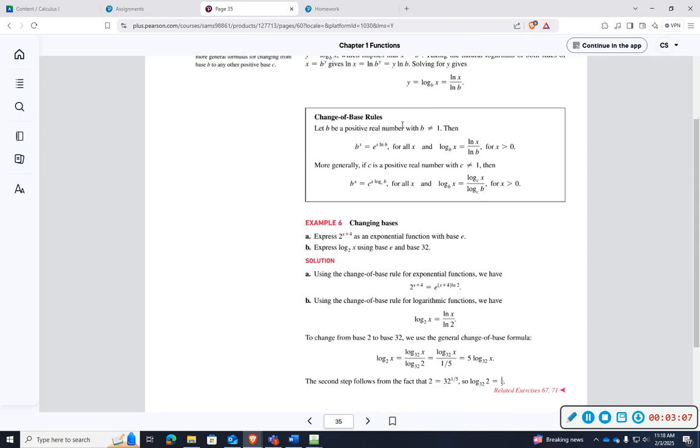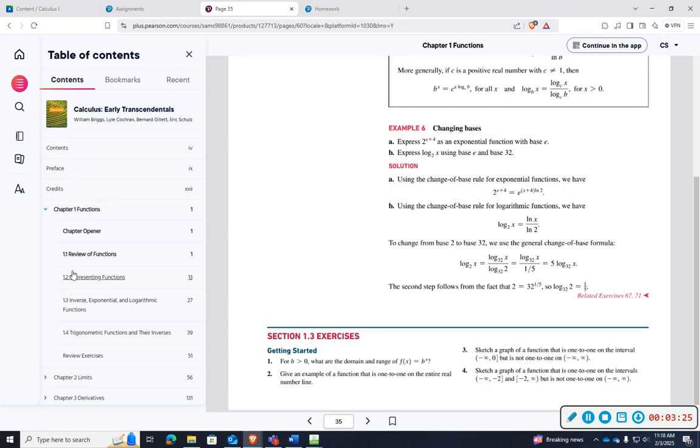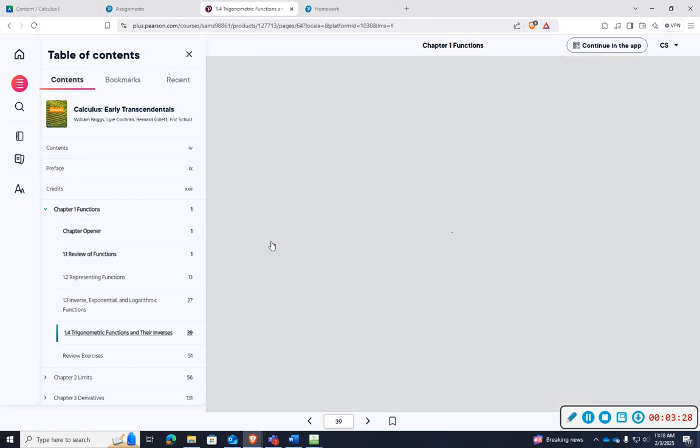So change of base looks like this, but if we need to see it in class, I can definitely go over what that is. But it's just using properties of exponents to interchange and rewrite exponential into a log.